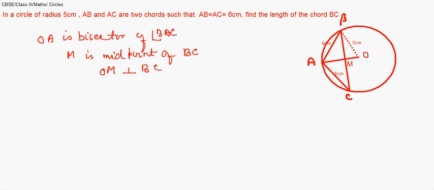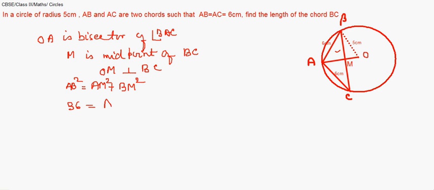So that way, triangle ABM, this one, becomes a right triangle, and we can apply AB square is equal to AM square plus BM square. So AB is 6, square 36.